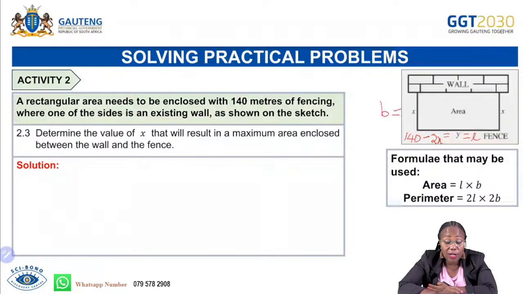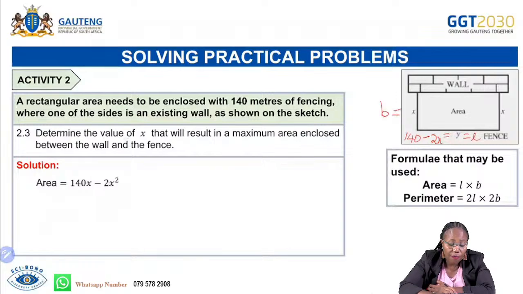Remember, we have calculated the formula of area on the previous question in terms of x. In this case, now we need to determine the value of x that will result in a maximum area enclosed between the wall and the fence.